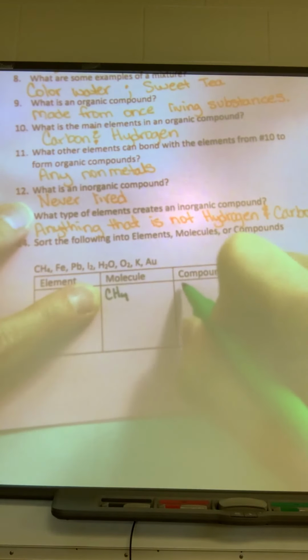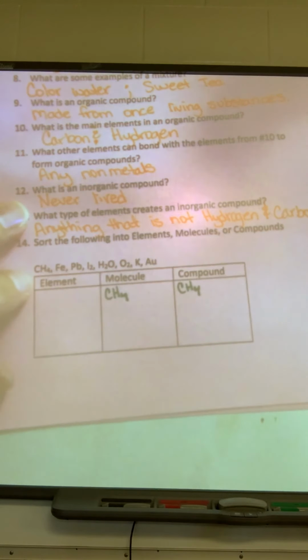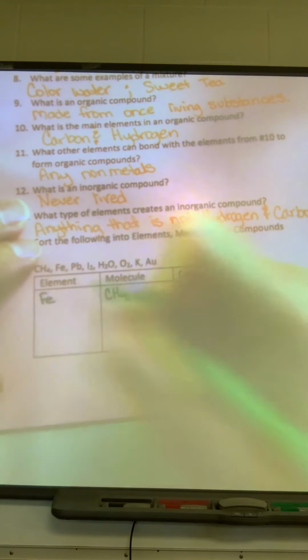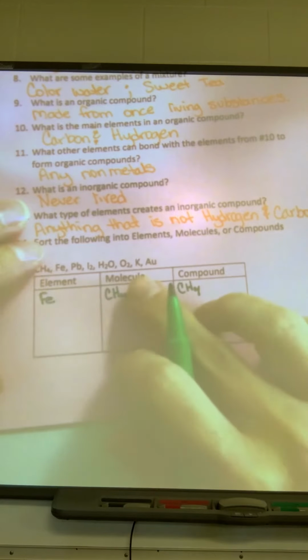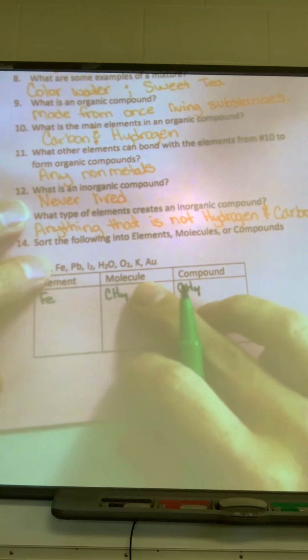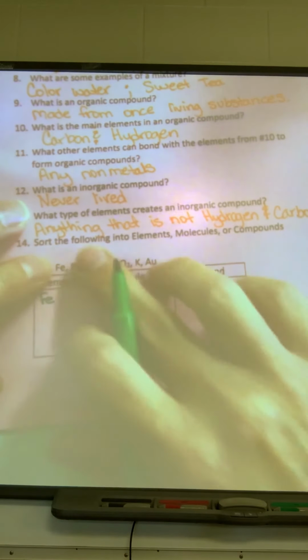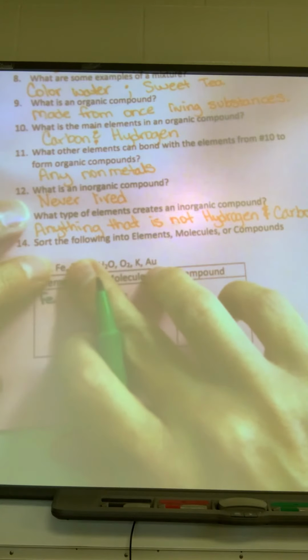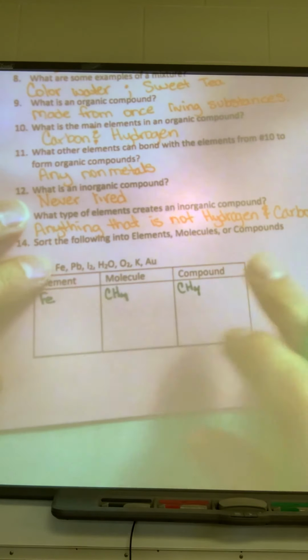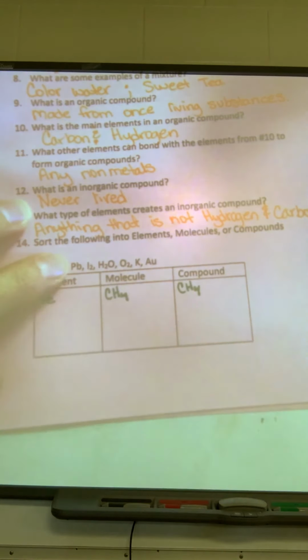And it can be a compound because it has 2 capital letters. Fe. Well, it's an element because there's only 1 capital letter. It cannot be a molecule because it only has 1 atom of it. There is no subscript, and it can't be a compound because it only has one capital.